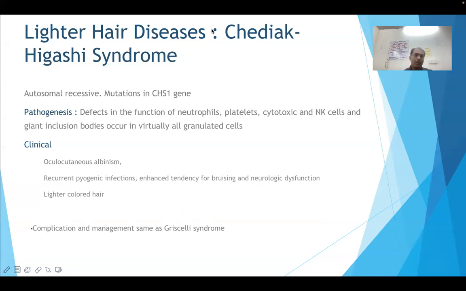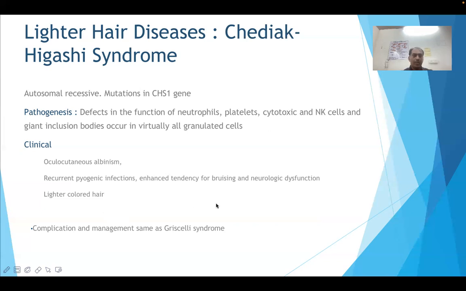And histopathologically, we see giant inclusion bodies in all granulated cells. So the clinical features include oculocutaneous albinism, recurrent pyogenic infections, enhanced tendencies to bruising and neurological dysfunction, and lighter colored hair.